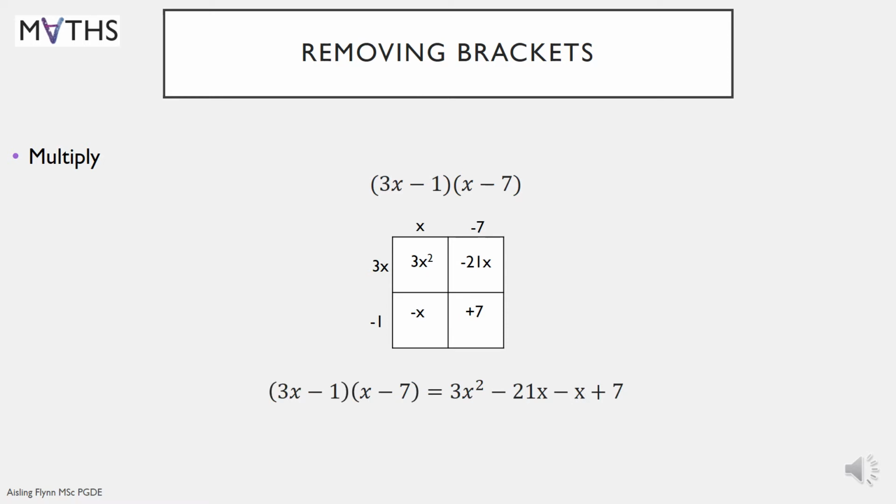Presenting the answer, we have 4 terms, but as before, the middle 2 terms can be combined. They appear here on the diagonal, and minus 21 minus another 1 gives us minus 22x for the middle term. So we have 3x squared minus 22x plus 7 as the result.